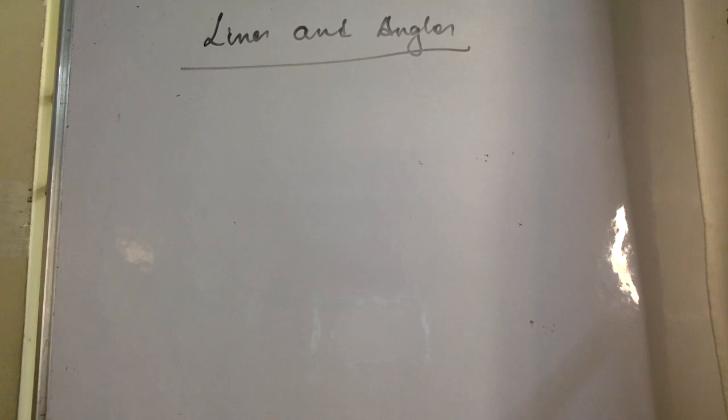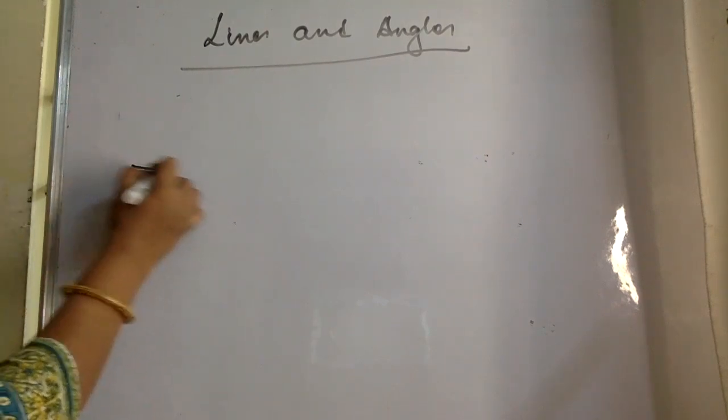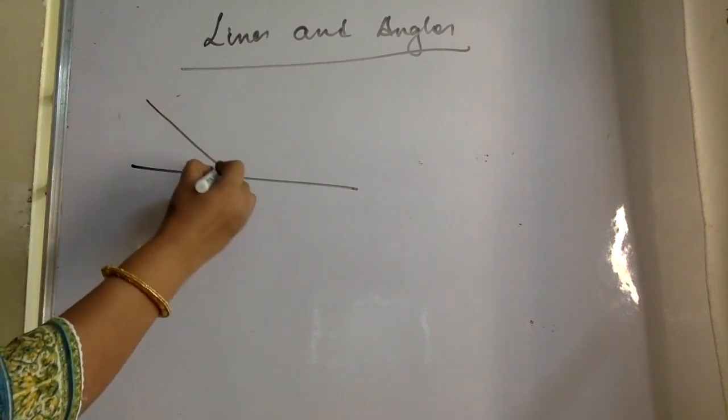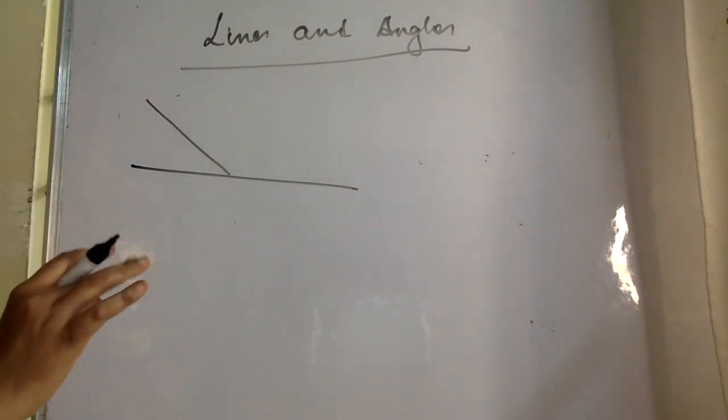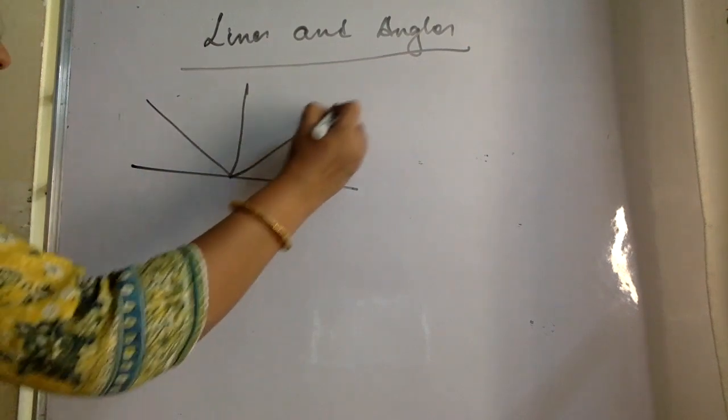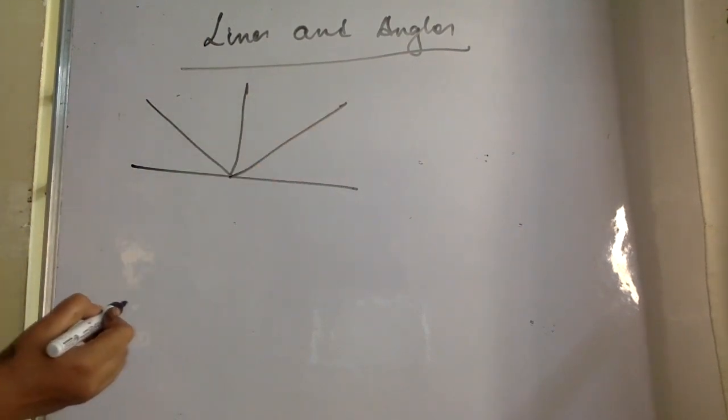Now here in this part of lines and angles, we shall be taking up the first thing, that is angles on the same straight line. Like this is a straight line, and on this there can be not just 2 angles. You are generally used to seeing 2 angles, but you can have any number of angles on this straight line.